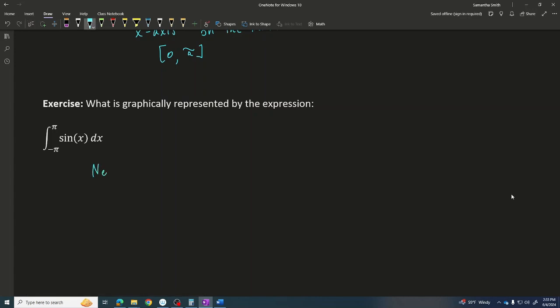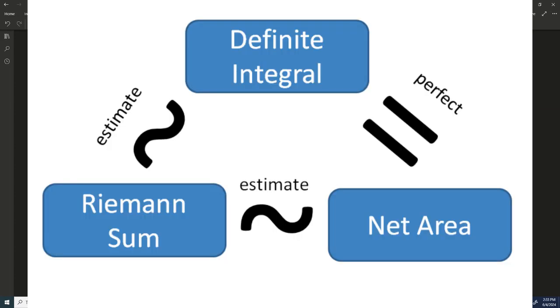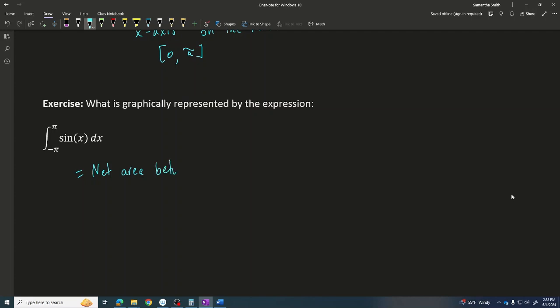Once again, I could say that this is net area. Graphically, this is exactly equal to the net area between sine x and the x-axis. On what interval? On the interval as x's are going from minus pi at the bottom to pi at the top.